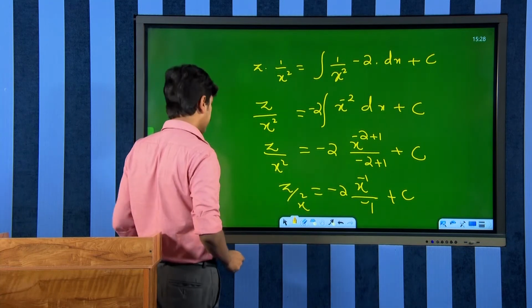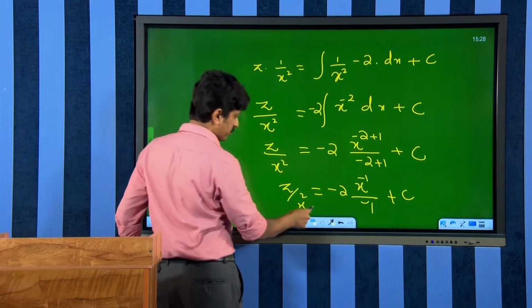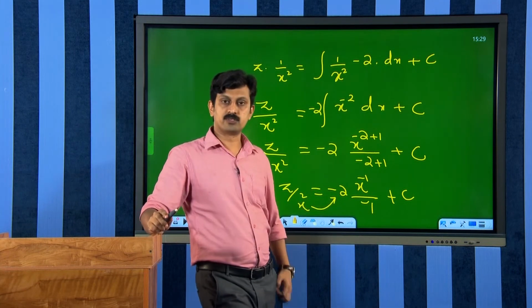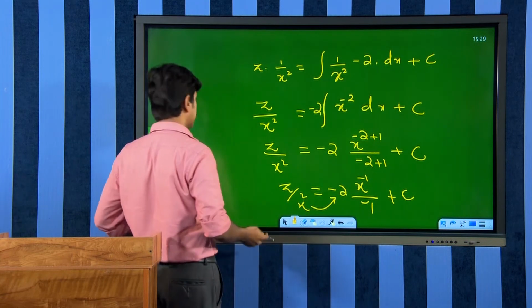So we will have z is equal to, we can take the x square to the other side. Negative and negative will cancel, plus 2, x raised to minus 1 into x square, that is equal to x.